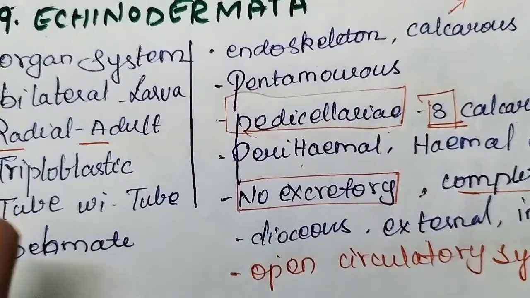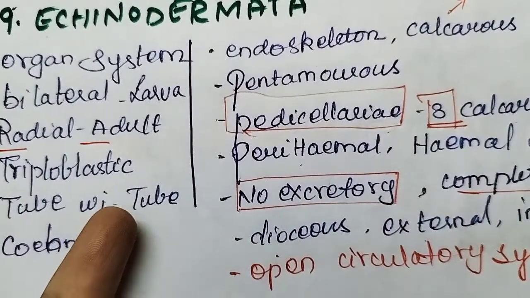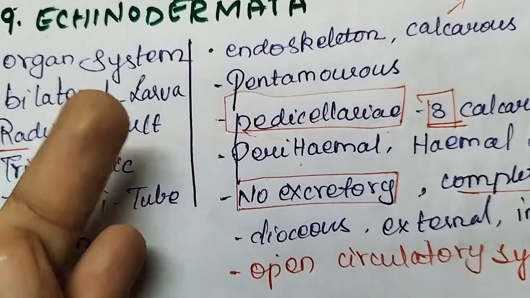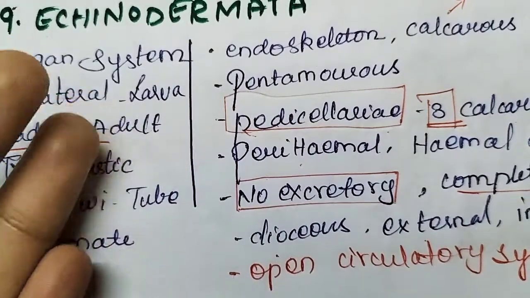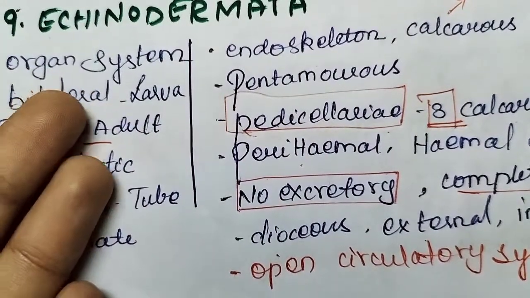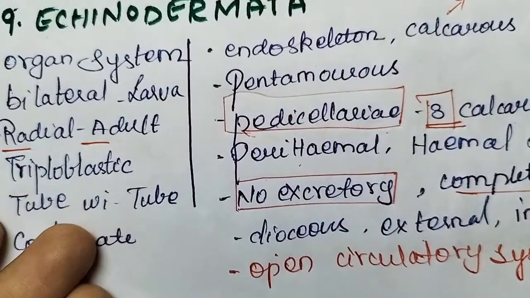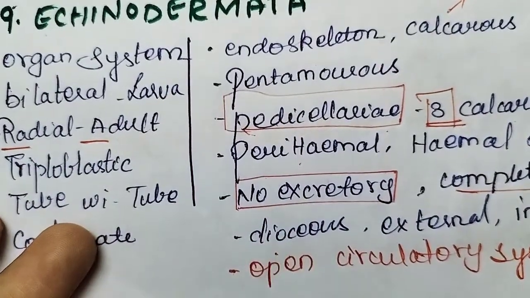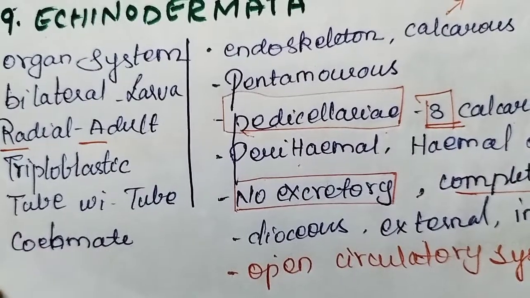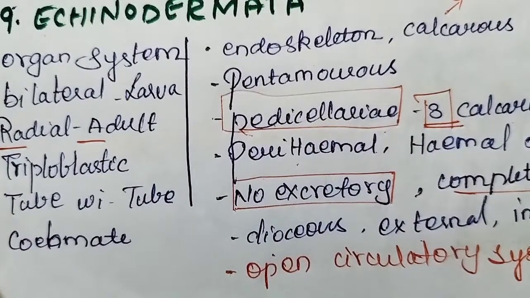So we have seen echinoderms: complete digestive system, open circulatory system, no excretory system, and dioecious reproduction. Now we will go on to the examples.